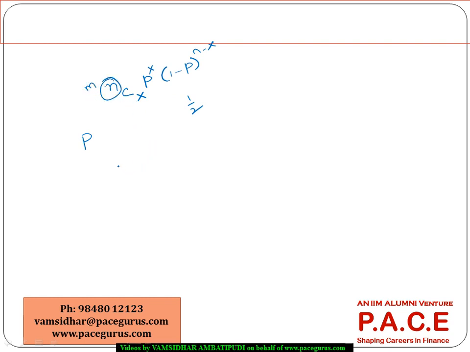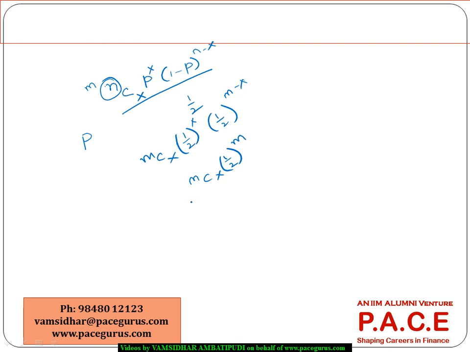So the same expression becomes mCx into 1 by 2 to the power x, and 1 minus p also becomes 1 by 2 to the power m minus x. So the general probability function works out to mCx into 1 by 2 to the power m.